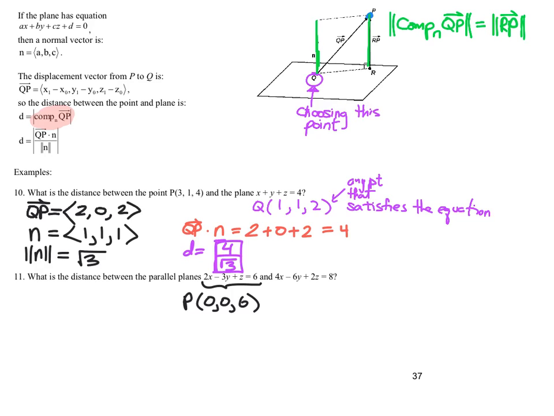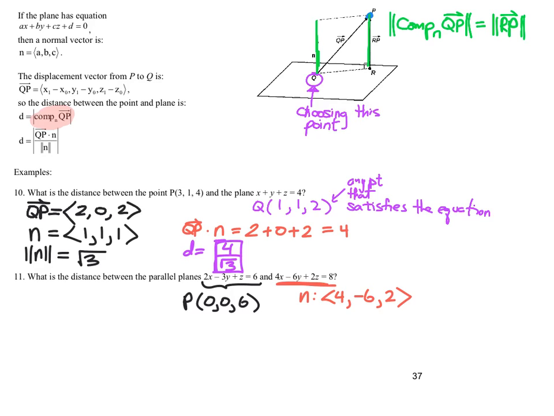All right, so the normal vector, you could pull that out of this, because this is the plane that we're working with. Normal vector is going to be 4, -6, 2. All right. I also need a point on the second plane.